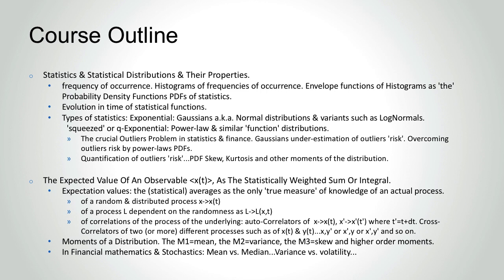And we'll talk about the expectation values, what an observable is. An observable is a many-times-averaged same variable. For example, if you look at a stock market price graph, you'll see a random trajectory fluctuating. That is just one trajectory.